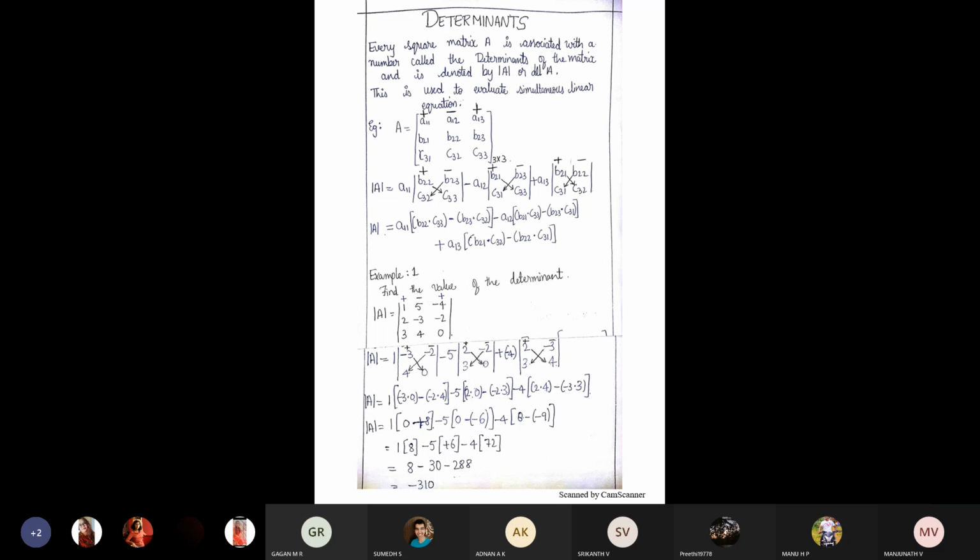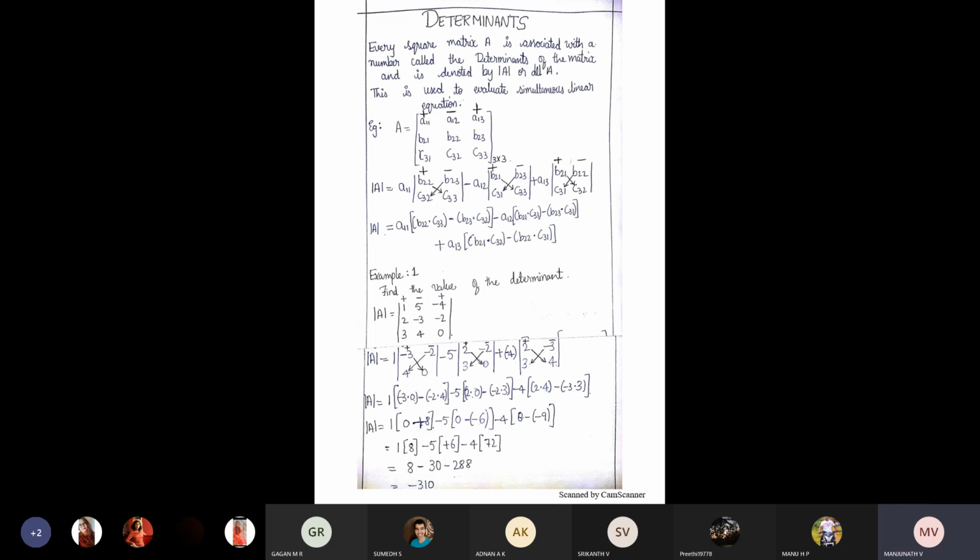Determinants exist only for square matrices, not for any other things. Square matrix and determinant, that's it, you can say.